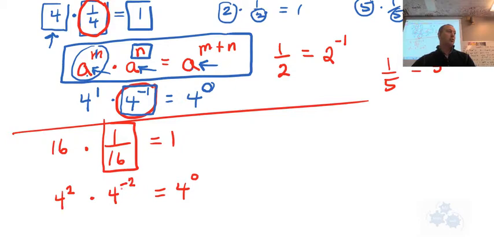Negative 2. Because 2 plus negative 2 equals 0. Everybody see that? So 1 over 16 equals 4 to the negative 2. 1 over 16 could be written like this.